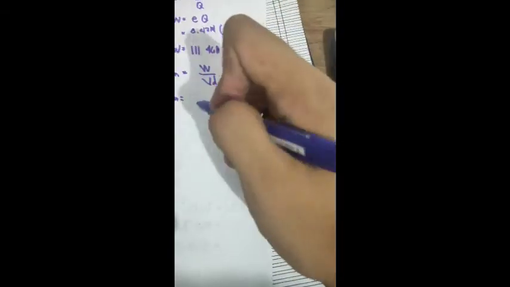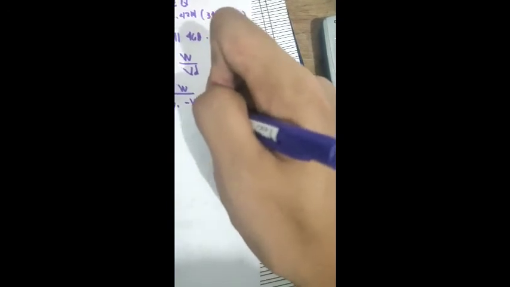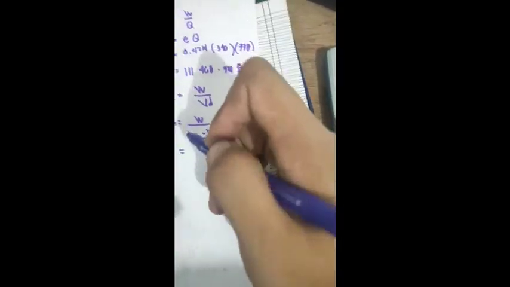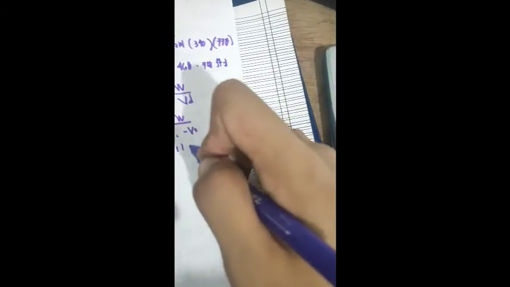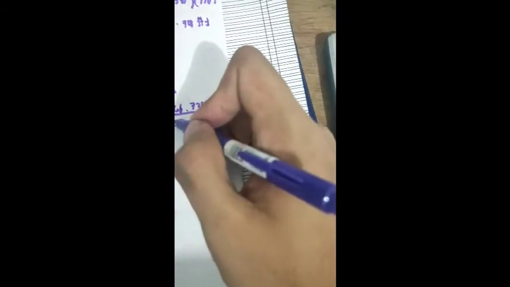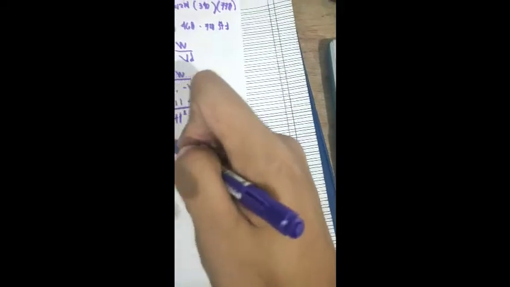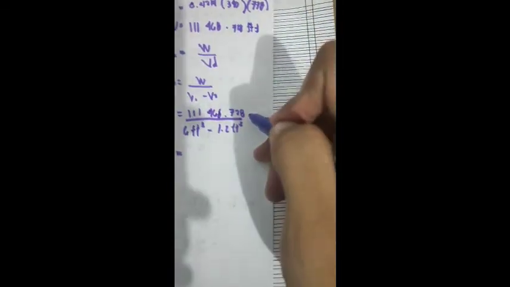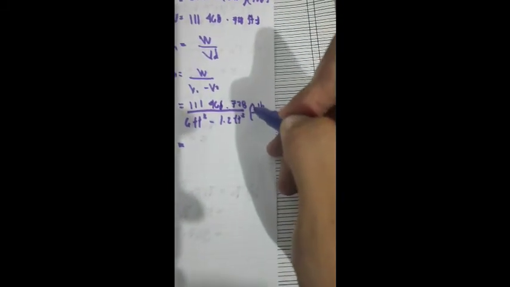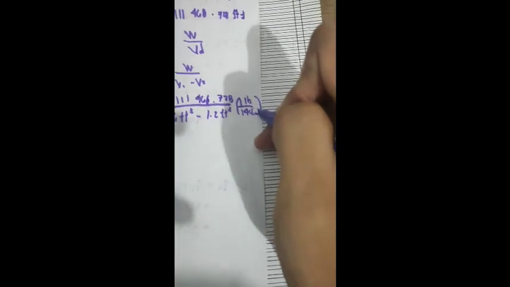So the formula of the mean pressure is PM equal to work over the volume displacement, where the volume displacement is equal to V1 minus V2. We use this formula: 111,468.728 over 6 cubic feet minus 1.2 cubic feet, and you have to multiply it by 1 foot squared per 144 square inches.